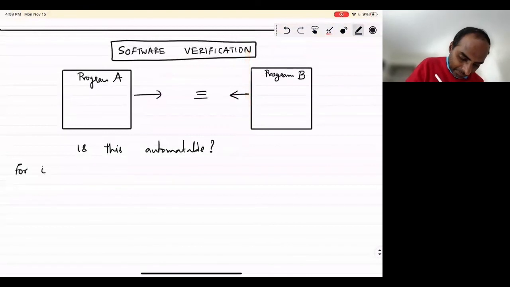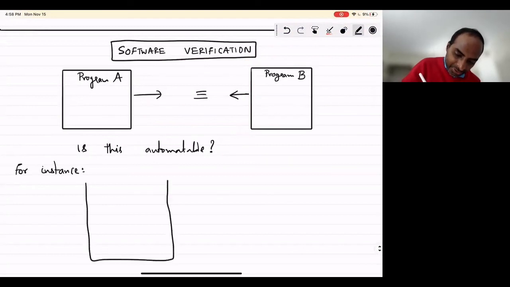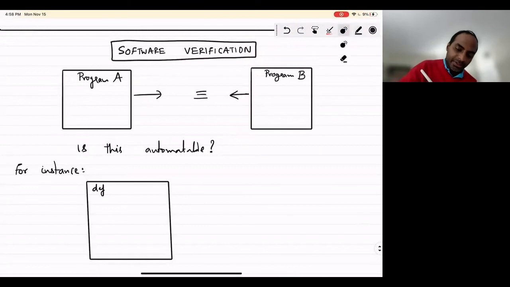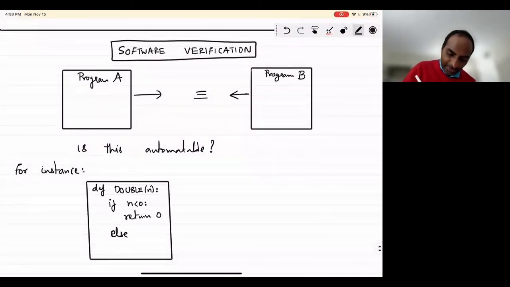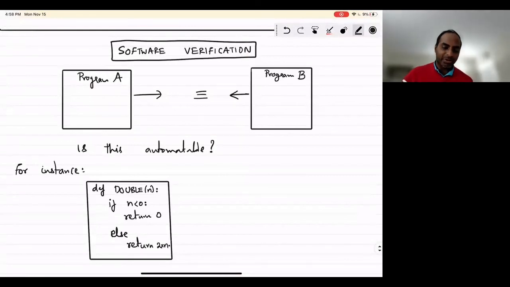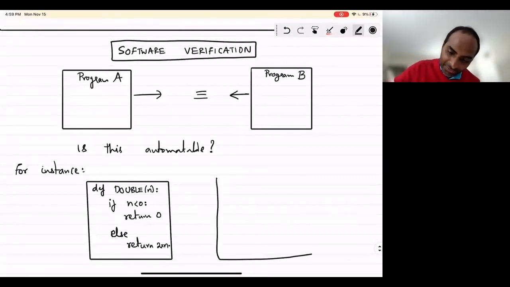For instance, suppose I gave you this program, let me call it double. It says if n is less than 0, return 0, else return 2 times n. That's a program.